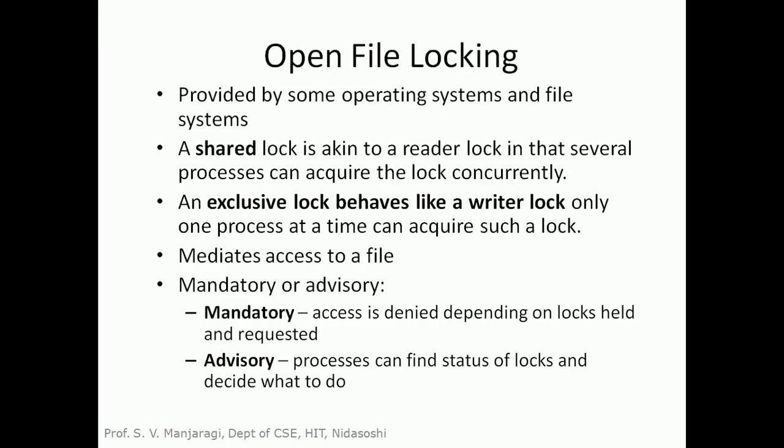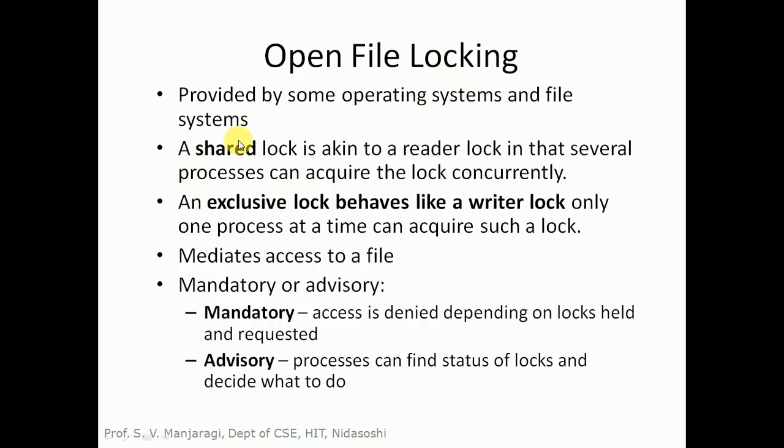If two or more processes want to read the contents of the file at the same time, it must be allowed, and whichever process wants to read just acquires a reader lock or shared lock. Why is it called a shared lock? Because the contents of a file can be read by a number of processes at the same time. A particular file can be shared for reading purposes, hence the name shared lock.